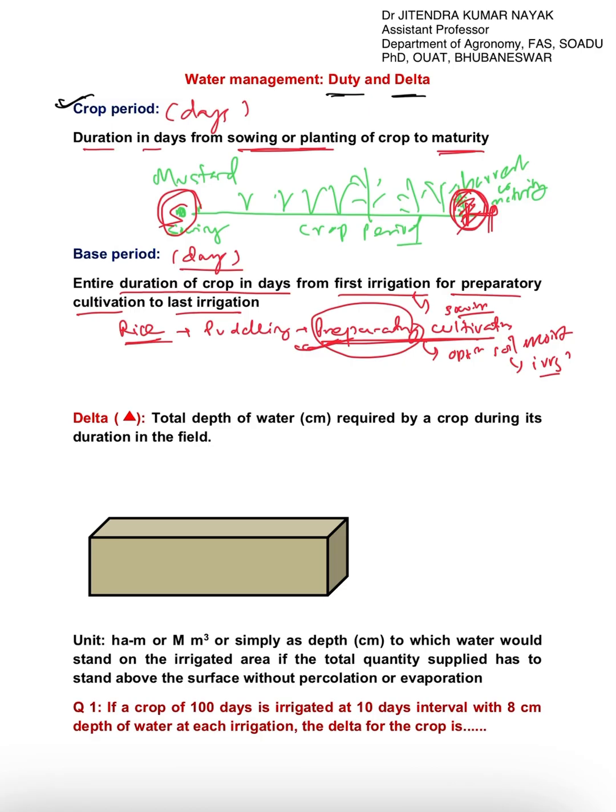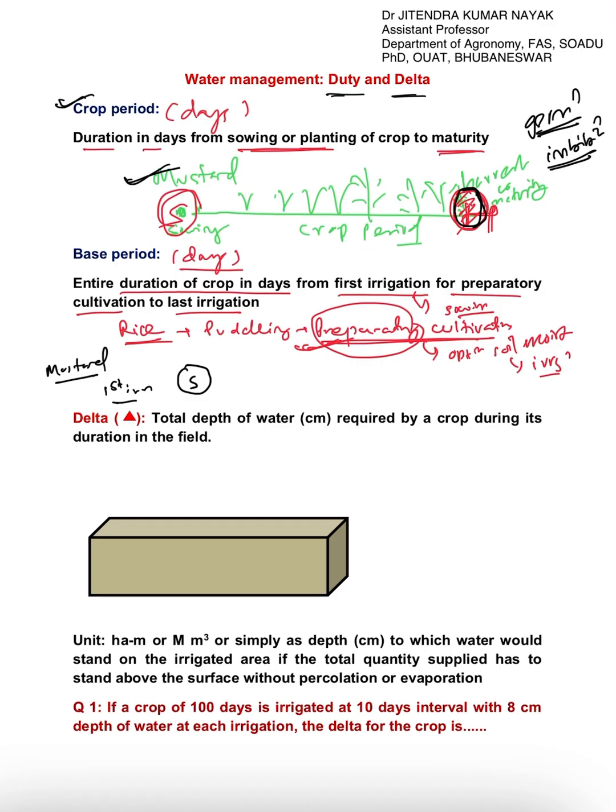And you know what the last irrigation is. Suppose the crop is mustard, and the first irrigation is applied at the time of sowing, because for germination, imbibition is very important.